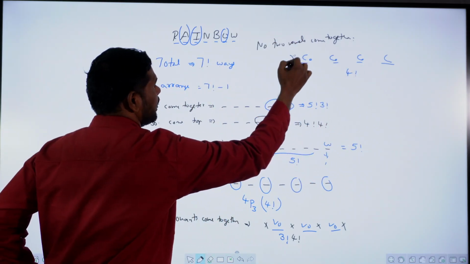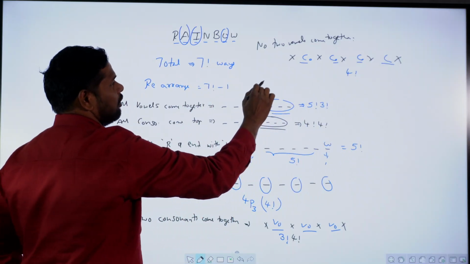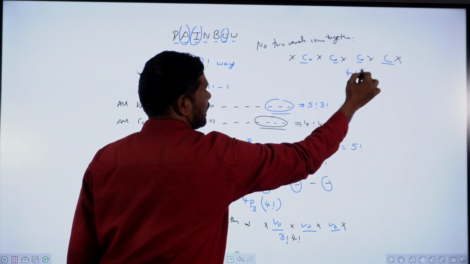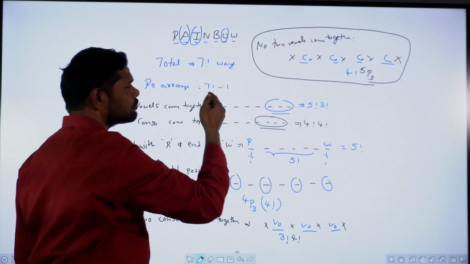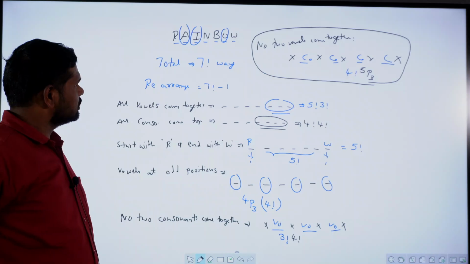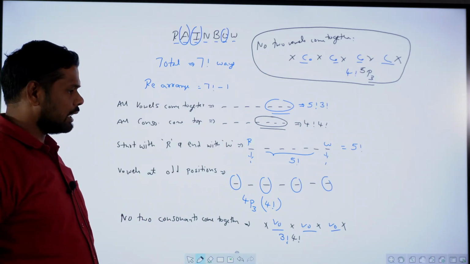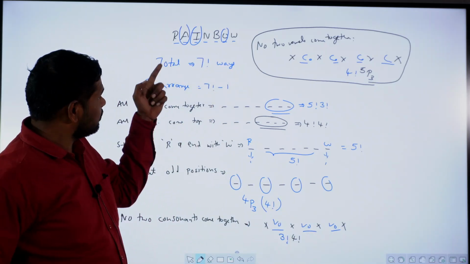Now how many gaps are there? 1, 2, 3, 4, 5. 5 gaps are there. In the 5 gaps, how many vowels are there? 3 vowels can be filled in how many ways? 5P3. In that case, like this, you need to solve. Not only this, they also ask some alternative arrangements again.